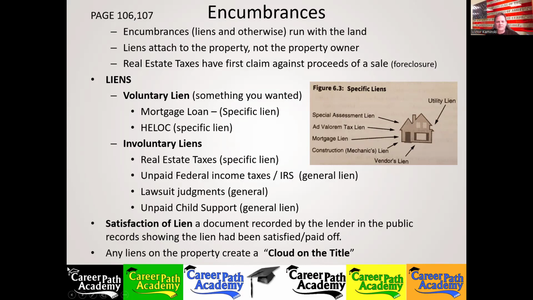It was paid back. This is known as a satisfaction of lien. So a document recorded by the lender in the public records shows that the lien had been satisfied or paid off. Once the lien is paid off, they should add another document to the public records that says the lien was paid off and there's no more outstanding lien on this property.